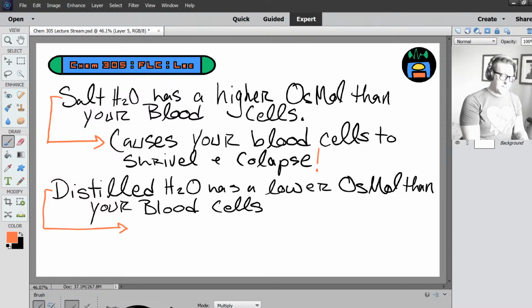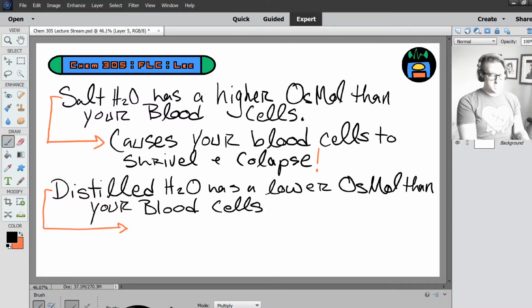If you drink a ton of distilled water, now all of a sudden, so before with salt water, the salt water has a higher osmolarity, so water flows out of your blood cells. But now, since distilled water has a lower osmolarity, your blood cells have a higher concentration. So solvent starts flowing from your bloodstream into your blood cells.